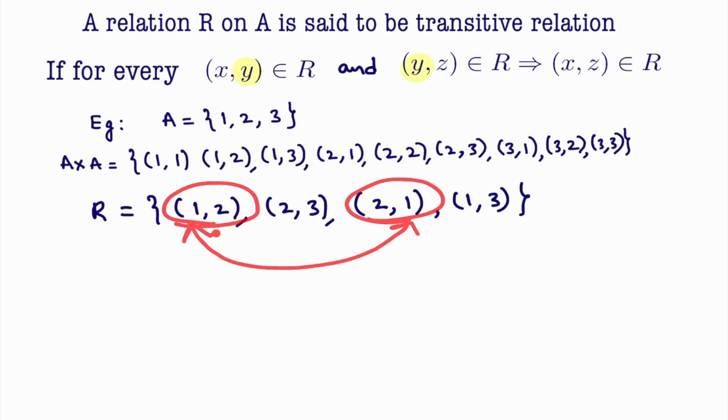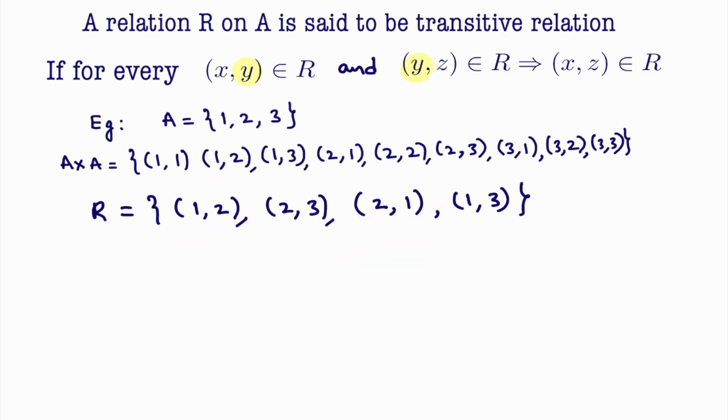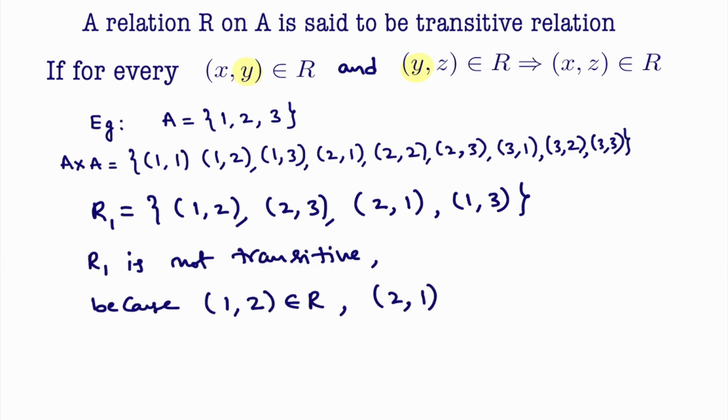Therefore, this relation is not transitive. Like that we can say directly. So what do we say finally? I'll name it as R1. R1 is not transitive. What is the reason? Because 1 comma 2 belongs to R, 2 comma 1 belongs to R, but 1 comma 1 does not belong to this relation.